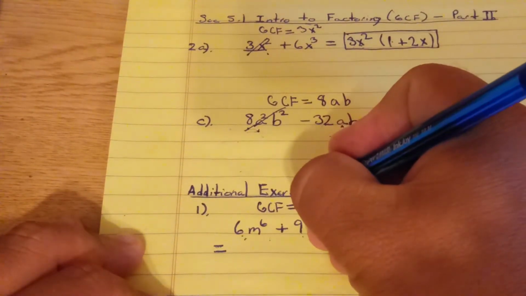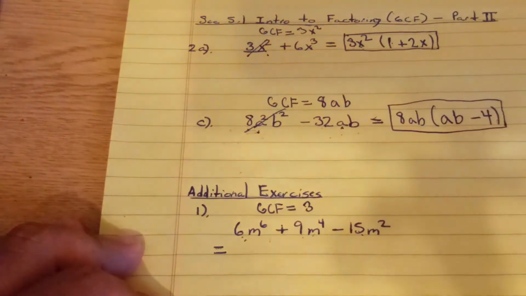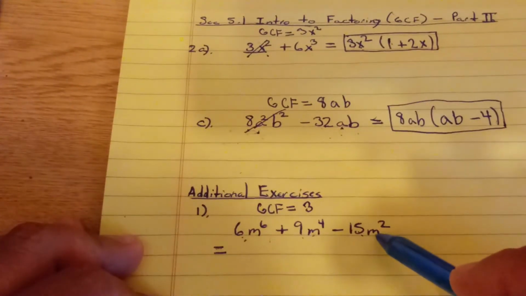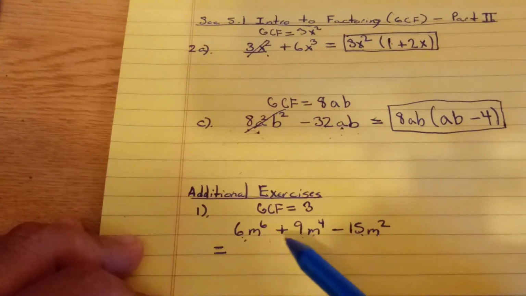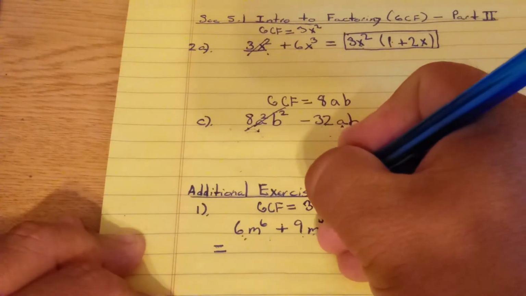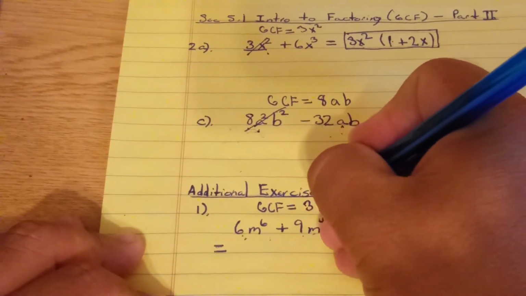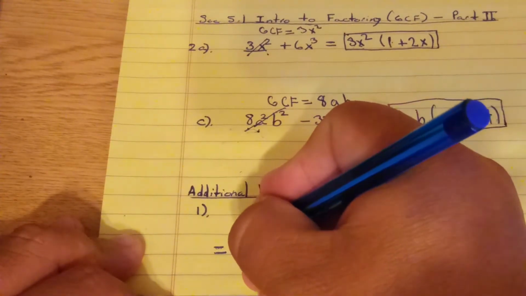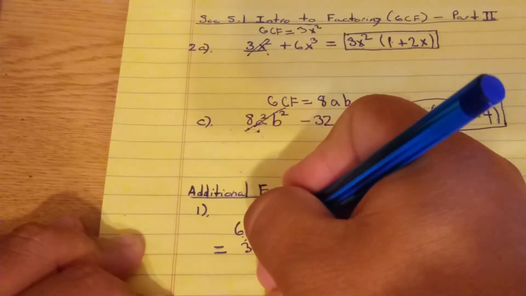In this case, it'll be 3. And if we take a look, all of them have m's. But we're going to choose the smallest of the powers. In this case, it'll be the m squared. So your GCF, in other words, the part that you're going to factor out here, is 3m squared.